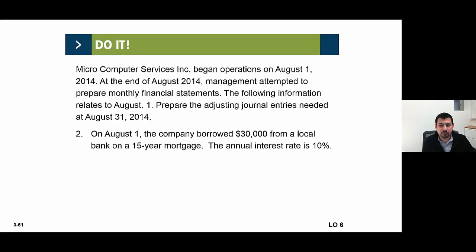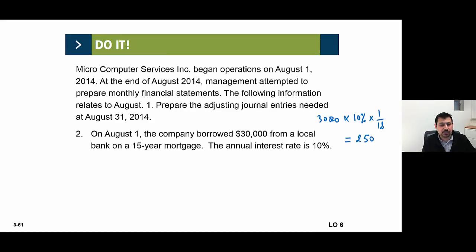So the interest amount in this case is how much? The interest amount is the face value, which is 30,000, multiplied by the annual interest rate, 10% per year, multiplied by 1/12 because it's for 1 month, and that amount will be 250.